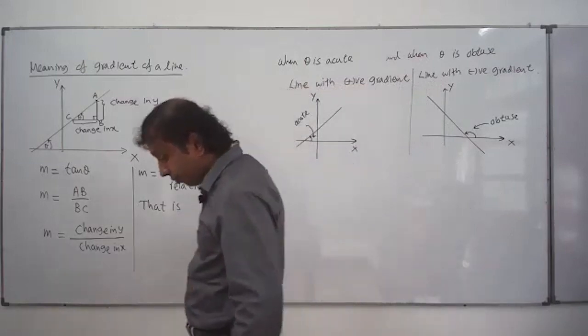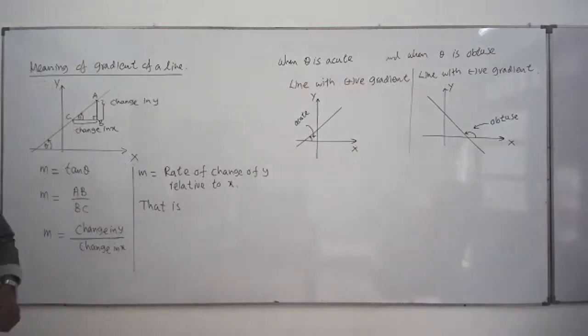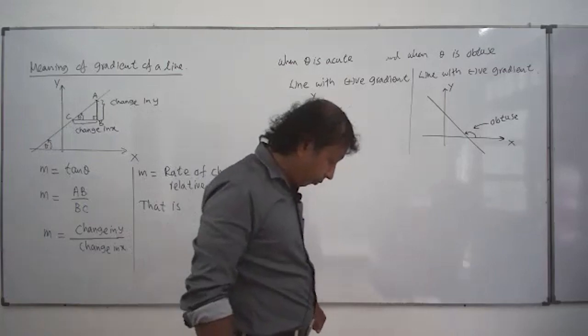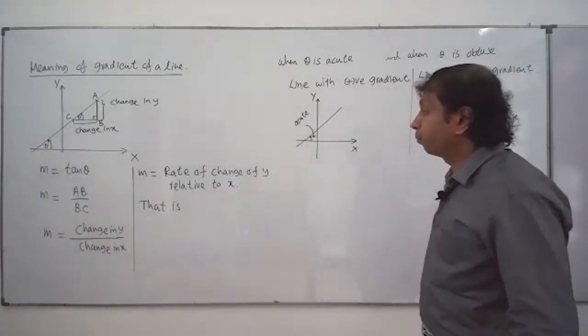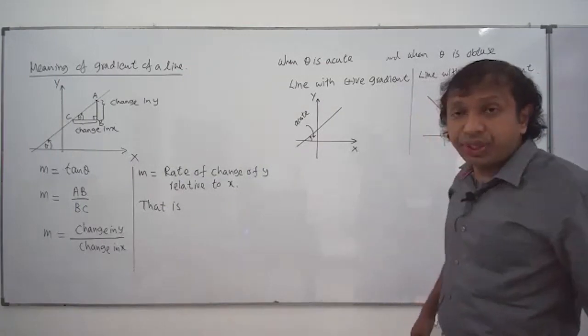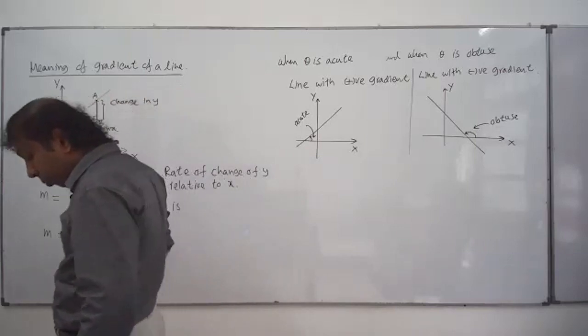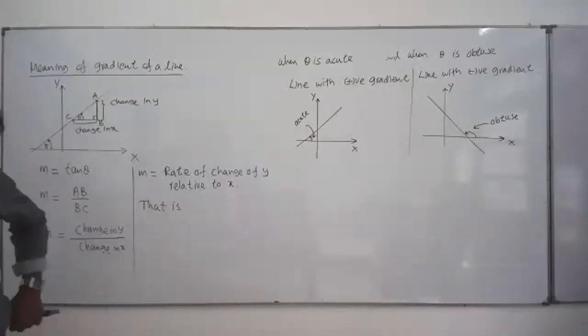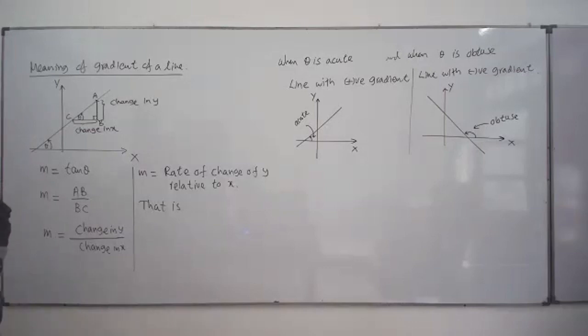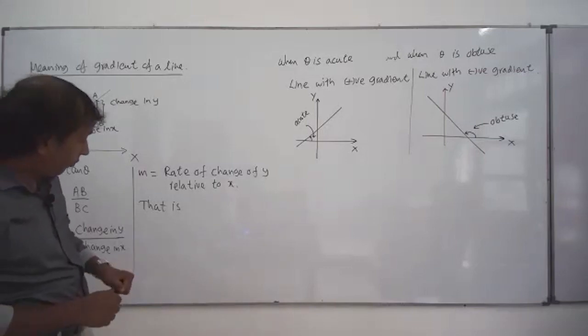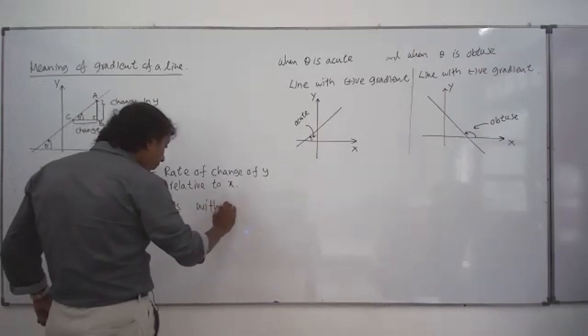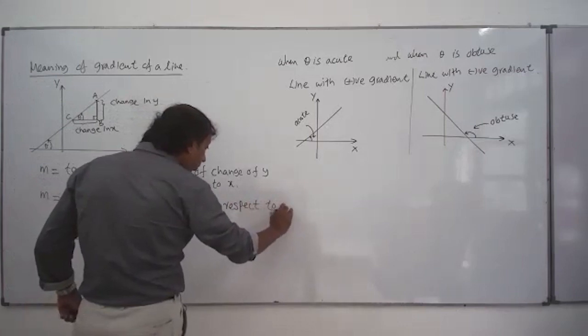Write down that is, as x changes by 1 unit, the corresponding change in y is the rate of change of y with respect to x.